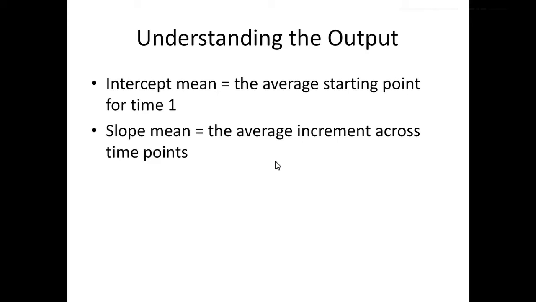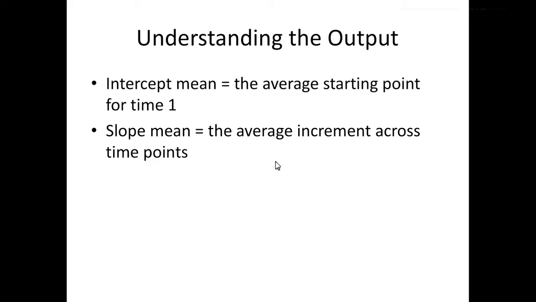The slope mean is the average increment across time points. In my example with four time points, I have 1 to 2, 2 to 3, and 3 to 4. But instead of getting three estimates for those, which would just be pairwise comparisons, it gives me the average increment across all of them. That's why you have to look at the data, because if it is flat from 1 to 2 and 2 to 3, but from 3 to 4 it increases, that's actually a nice curvilinear function.